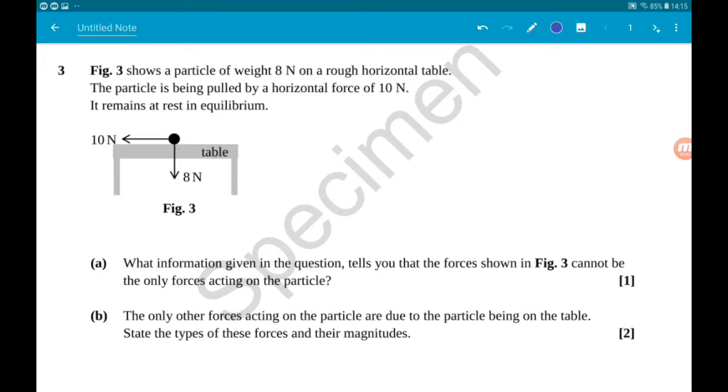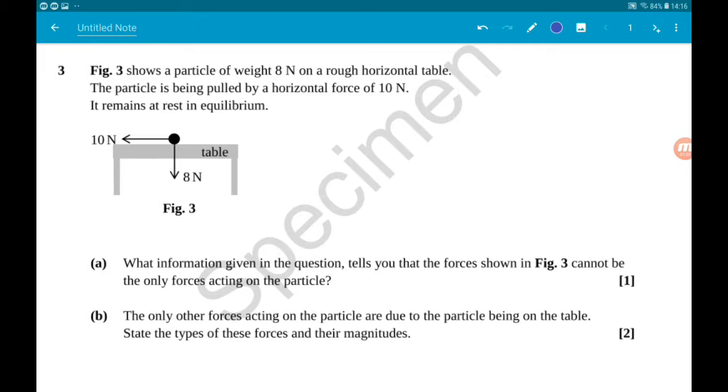Okay, so from the diagram we can see it's being pulled to the left. Part A says what information given in the question tells you that the forces shown in figure 3 cannot be the only forces acting on the particle. Okay, so it's the fact that the particle is in equilibrium.